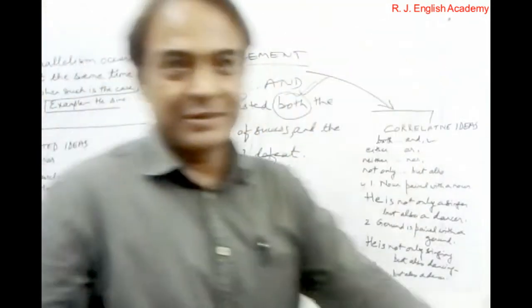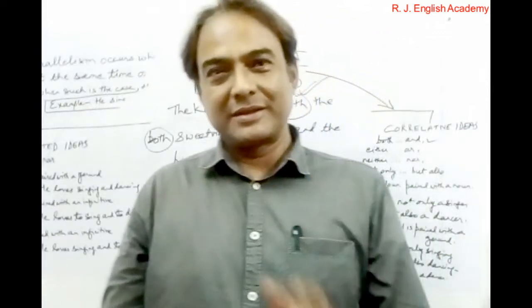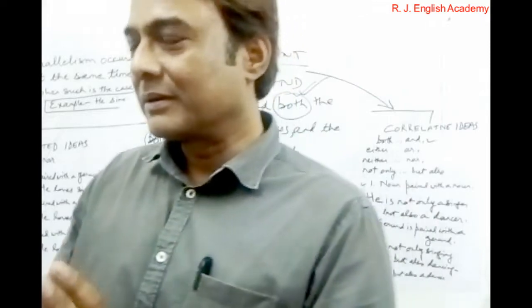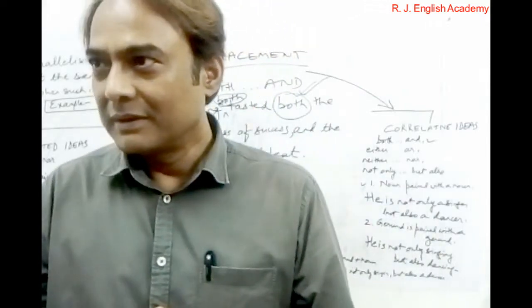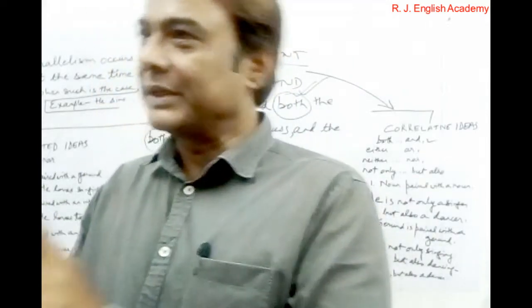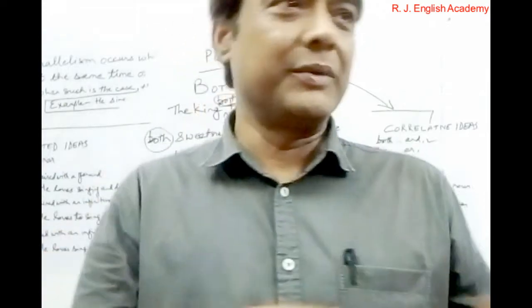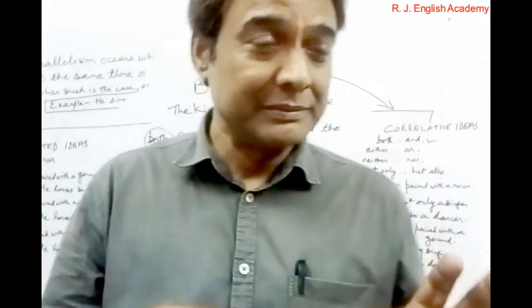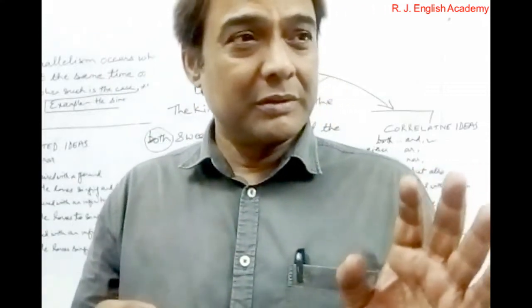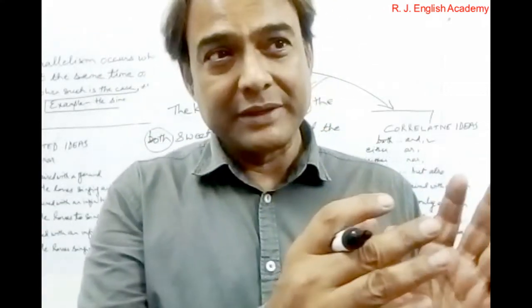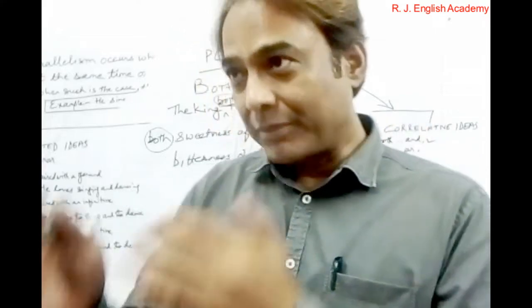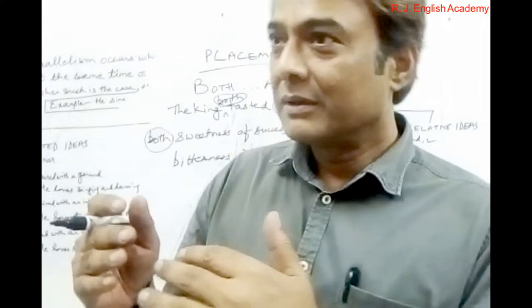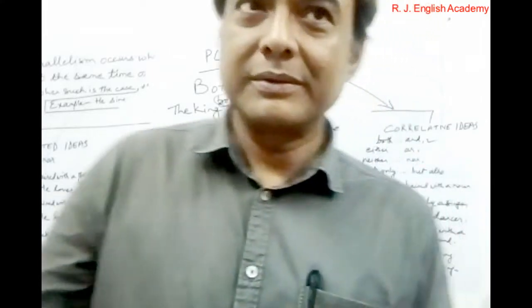Correlative conjunctions, as a rule, should be placed immediately before the noun or the gerund. If you are pairing a noun with a noun, or a gerund with a gerund, with a correlative conjunction, then you should put the correlative conjunction immediately before the noun or the gerund.